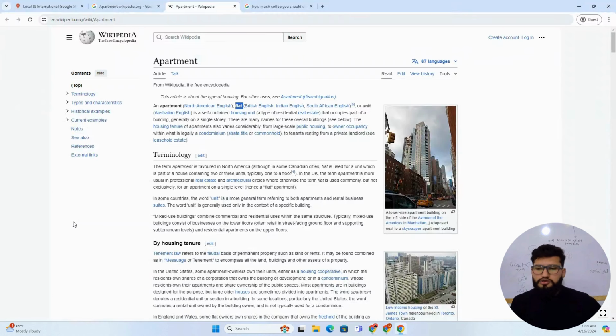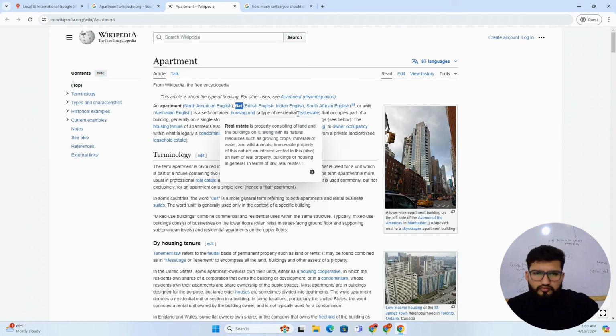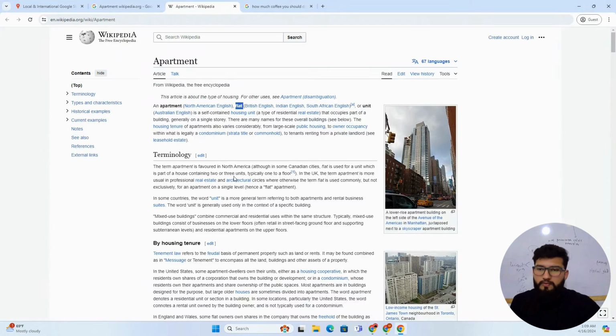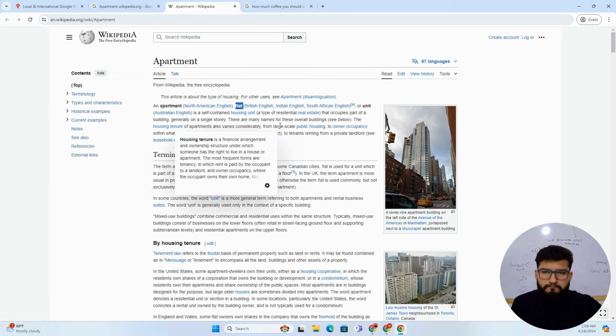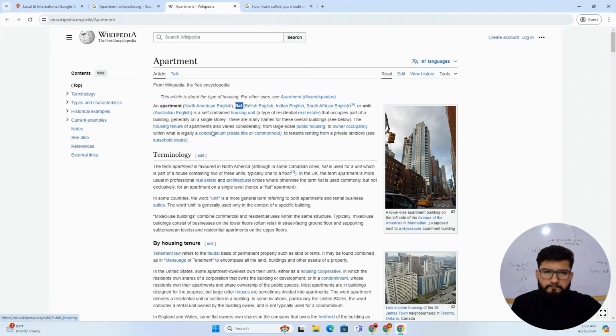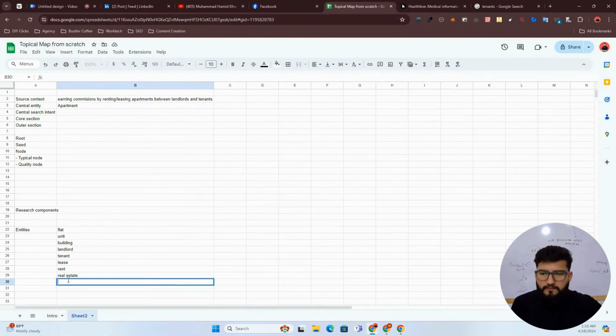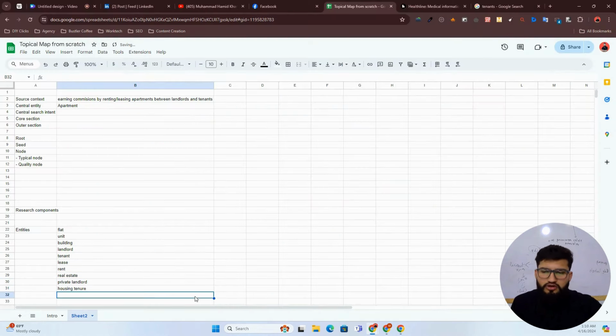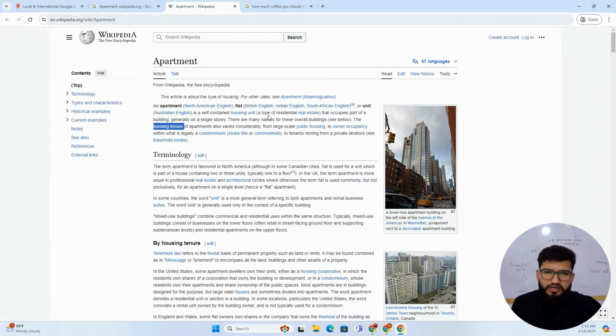Okay, yeah. Real estate, a very important entity. Some more entities like maybe private landlord. Some more like housing tenure. These are the core entities that our topical map would be talking about.